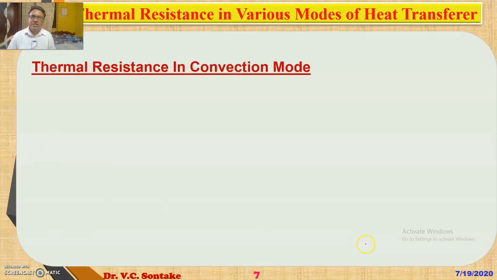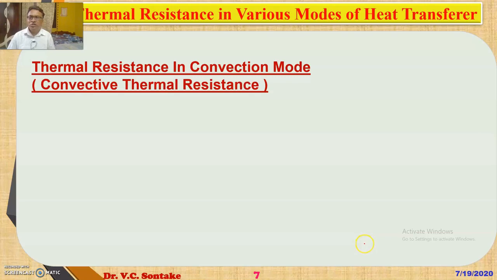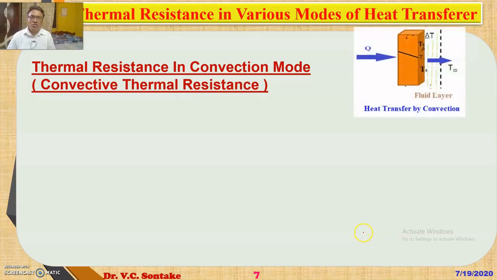Similarly, let us consider heat transfer by convection mode. So thermal resistance in convection mode is also called convective thermal resistance. To do so, let us consider heat transfer from this solid surface to the fluid medium. Let's say the solid surface is at temperature Ts and the fluid is at temperature T infinity.